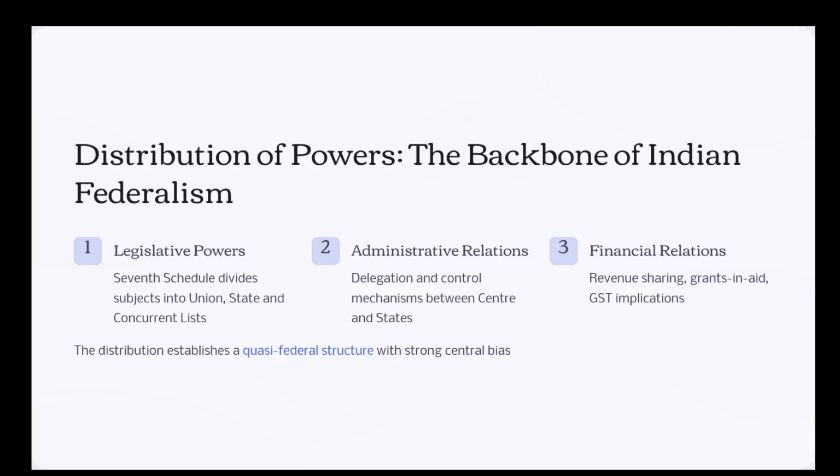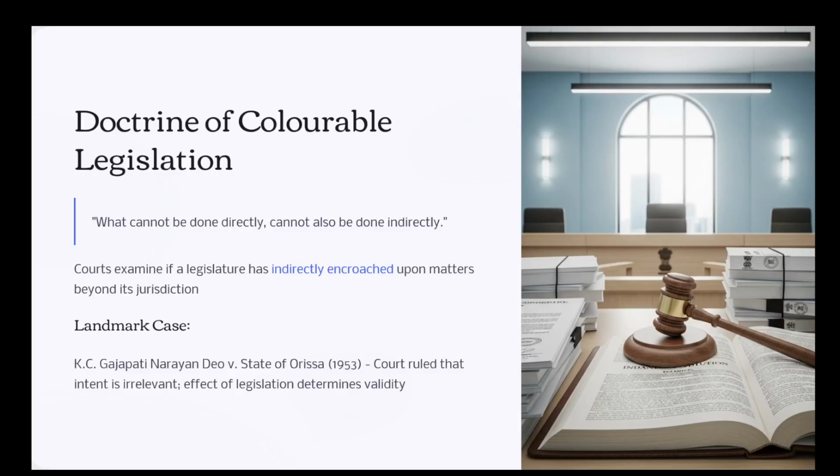Financial relations include revenue sharing, grants-in-aid, GST implications. So the distribution establishes a quasi-federal structure with a strong federal bias.